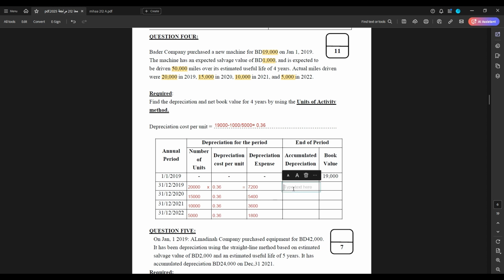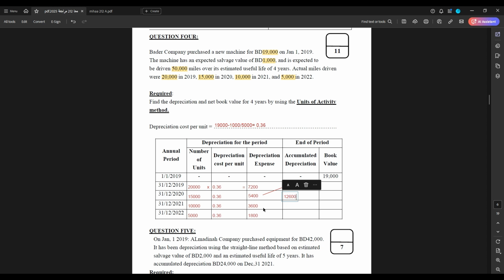Okay, for the accumulated depreciation, in the first year we don't have a previous balance, so it will be the same as 7,200. Then in the second year we need to add the depreciation expense for the year to the accumulated depreciation of the previous year. So 5,400 plus 7,200 will be 12,600.